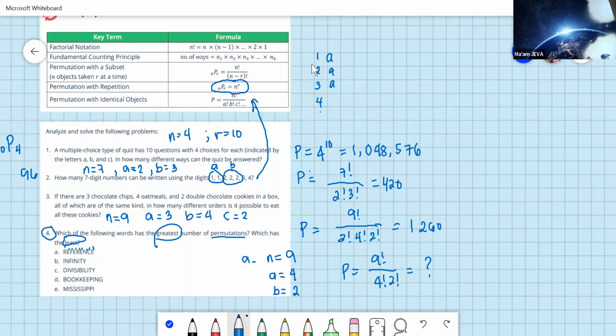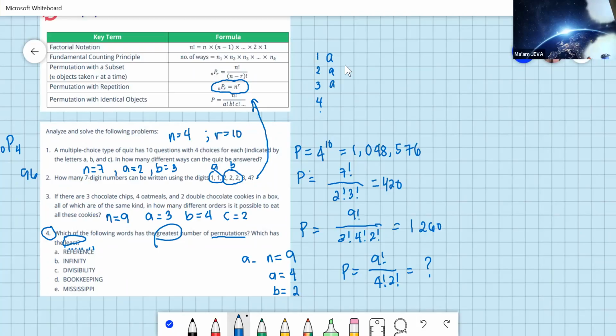Okay, since it is already 2:07, I will leave this activity to you. This activity can be found in your study guide. Let me double check the page. It is page 25.